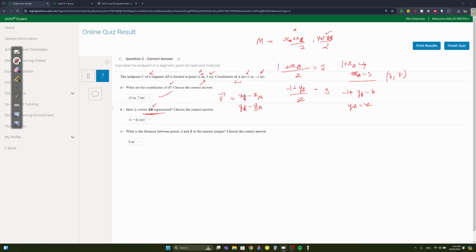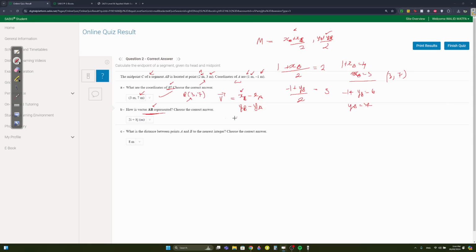Okay, x of B is 7, x of A is 1, y of B is... sure, x of B is 7? No, x of B is 3, not 7. Okay, y of B is 7, y of A is negative 1, B is here, B is 3 comma 7.